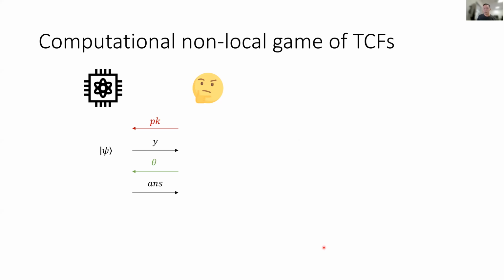Again, this is the proof of quantumness protocol that is due to Brakerski et al. In order to make it a computational non-local game, instead of doing the last two rounds, we are going to add another step before that: we are going to ask the prover to split himself into two halves.